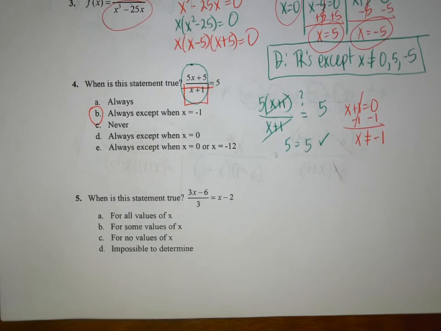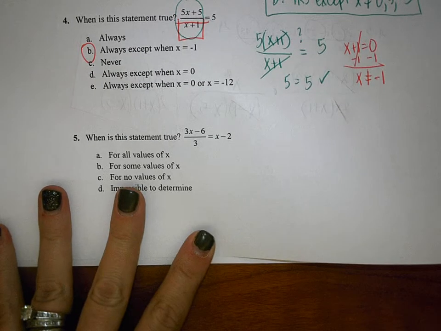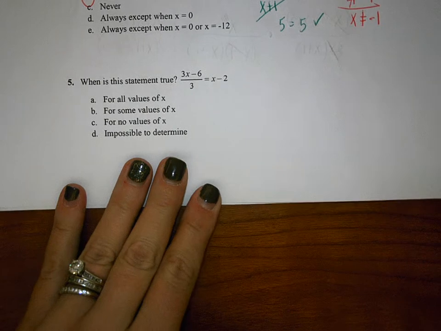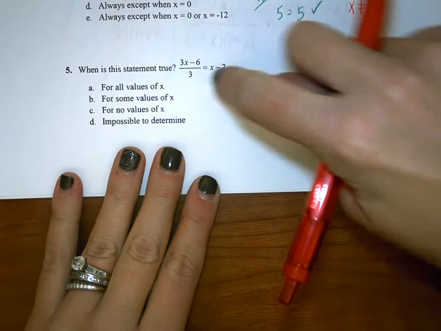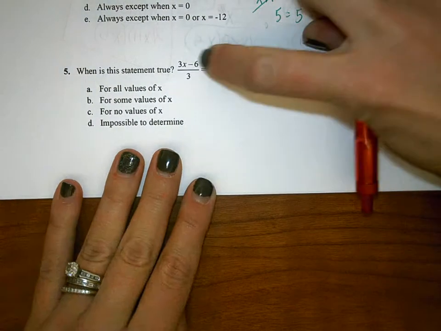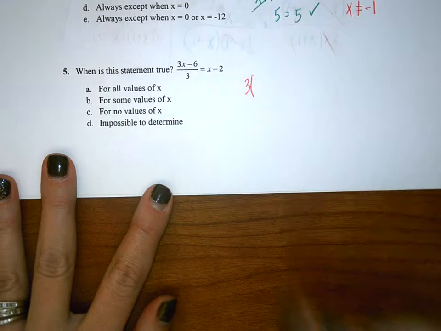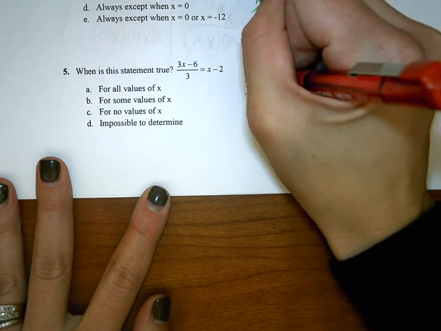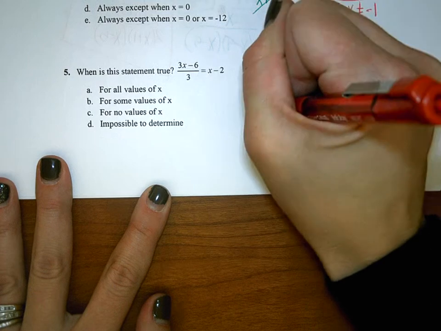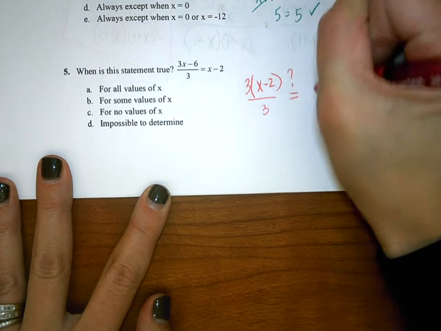All right, so let's do the same thing on example 5. We're going to first check to see if this will end up reducing to be x minus 2. So can I take out a GCF? 3, and I'm left with x minus 2 over 3, and we're seeing, does this equal x minus 2?